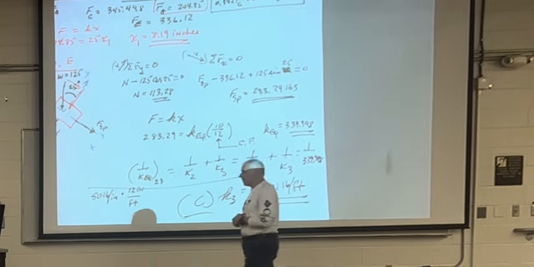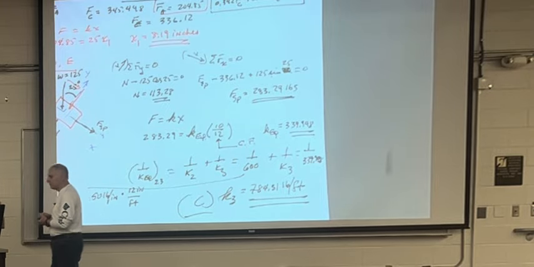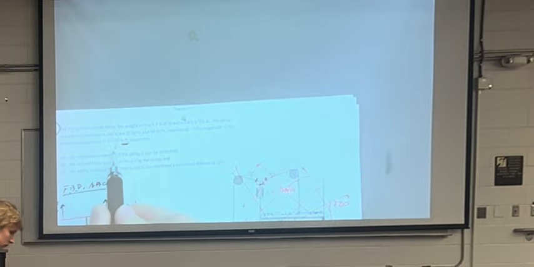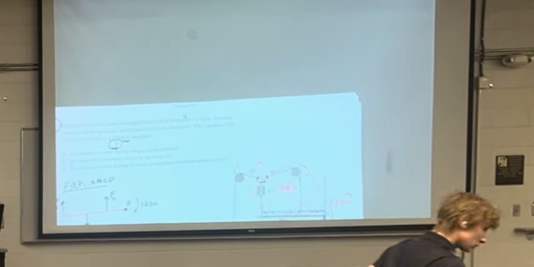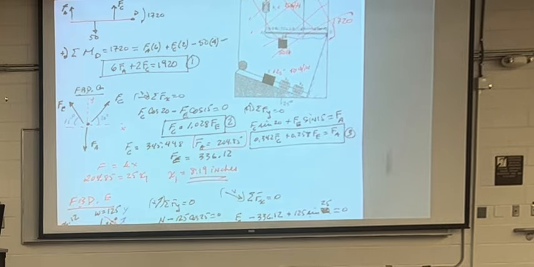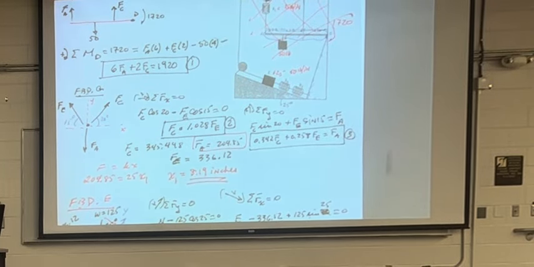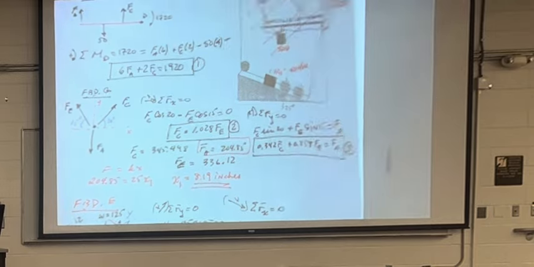Well, I probably told them in class it was clockwise. As a matter of fact, I'm pretty sure I told them it was clockwise because I see this little arrow right here indicating clockwise. Any other questions on this? Okay.